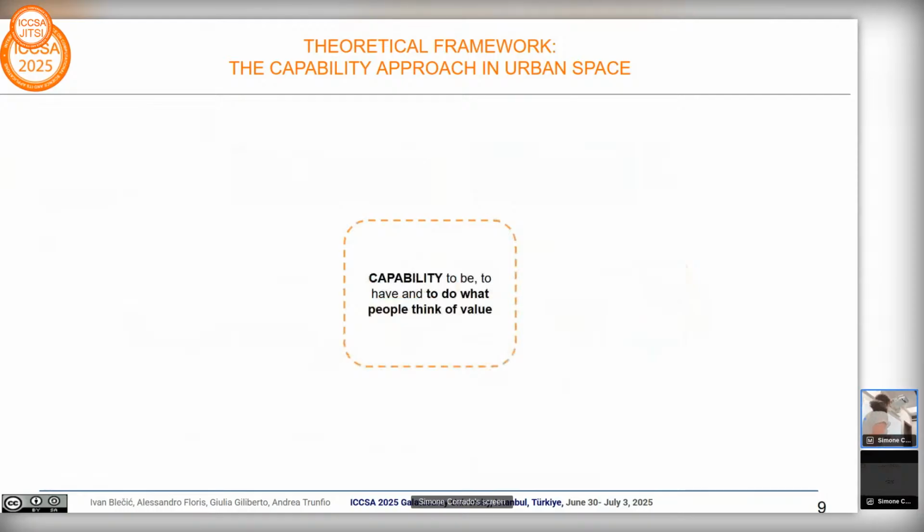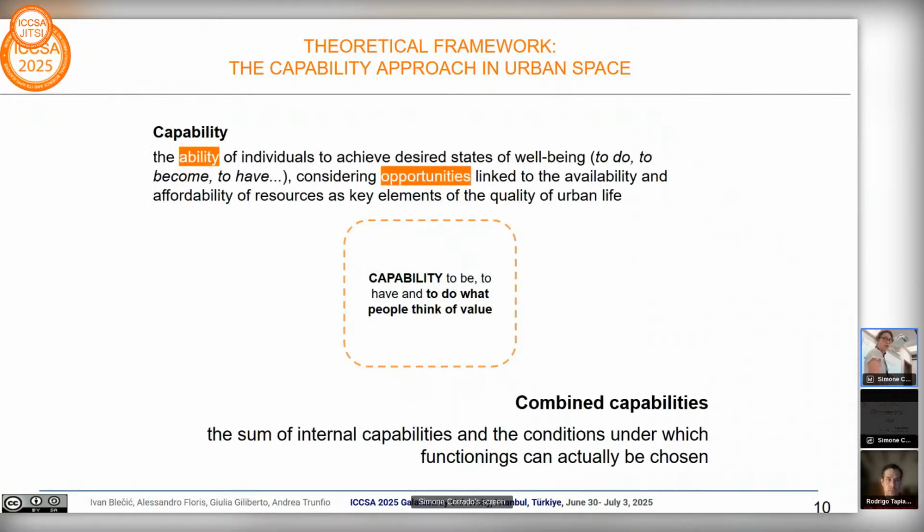So we can consider capability as a set of functionings, and in our case, functionings refers to doing what people think of value. But when we talk about capability, we refer to a combined capability.